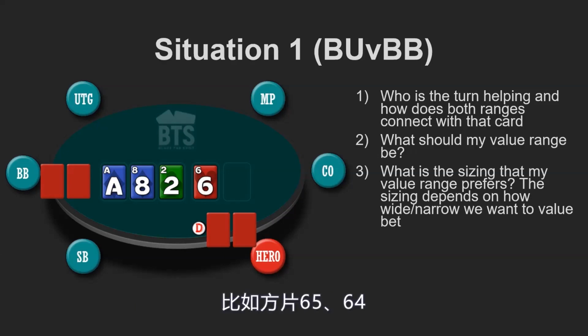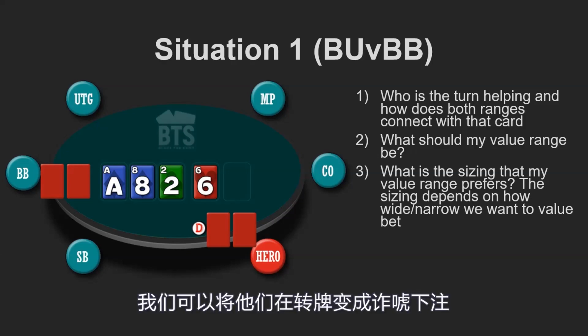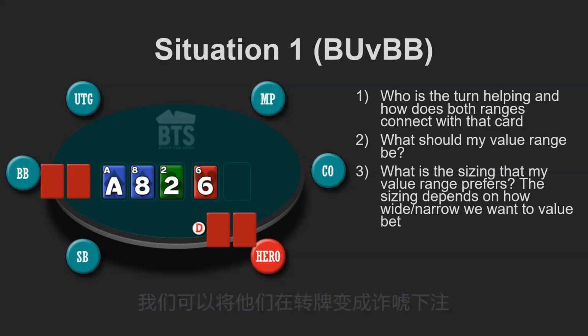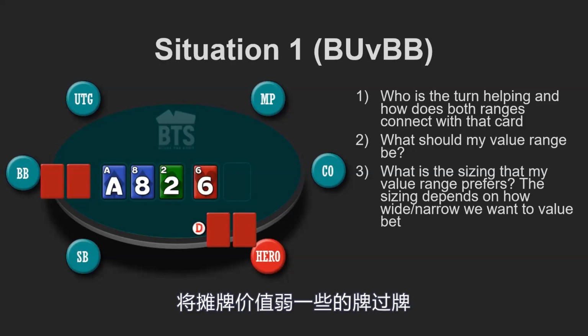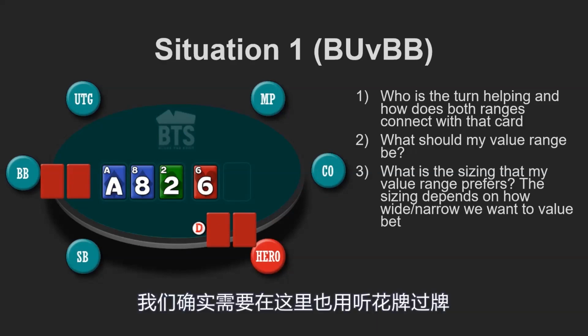We can start turning hands like 6-5 or 6-4 of diamonds, a turn pair plus some flush draw, into a bluff on the turn. But the better ones like king 6 or queen 5, we can start checking, and also some king queen, king jack of diamonds, and then bet the lower showdown value ones. So we have to be checking some flush draws as well.